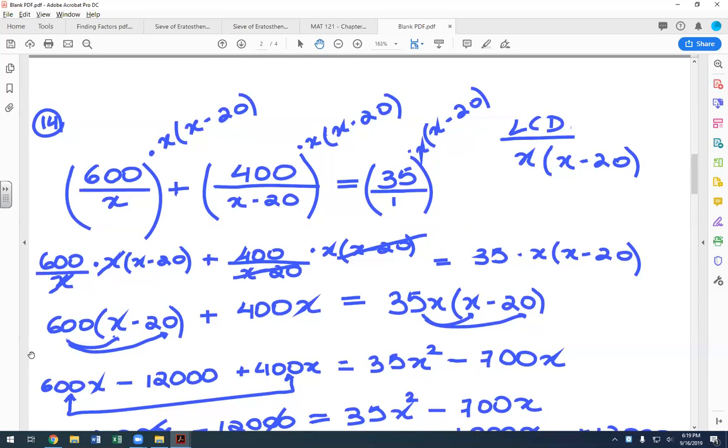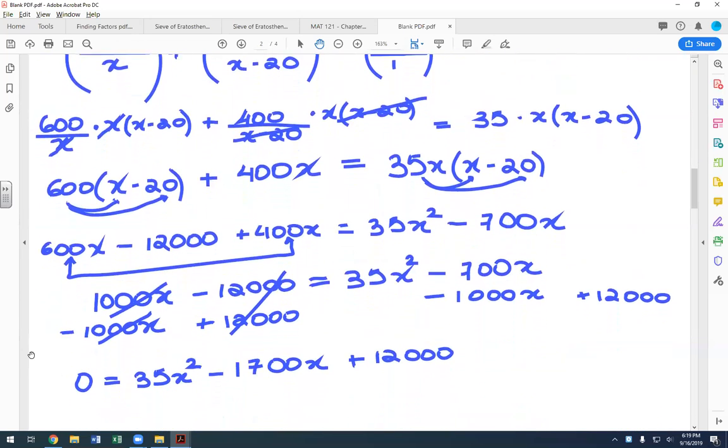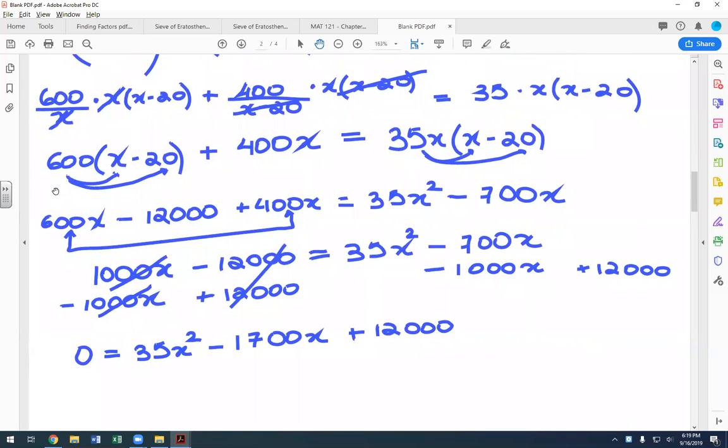Using the LCD of x times x minus 20, we got rid of our fractions, and then we just cleaned up our equation. Now, you have the option of reducing your equation if you want to. I'd probably start with the 5 and see what happens. Which method would you use to solve this?